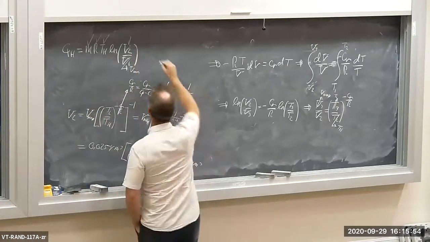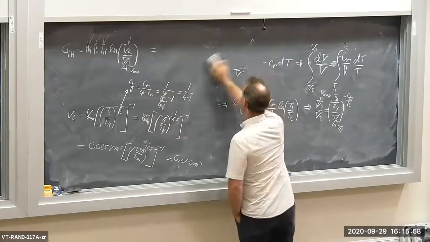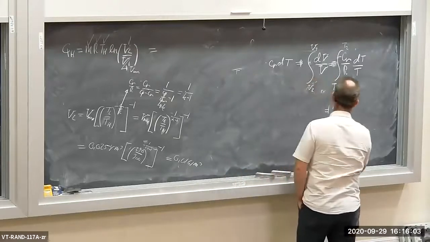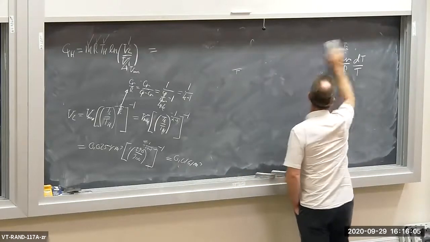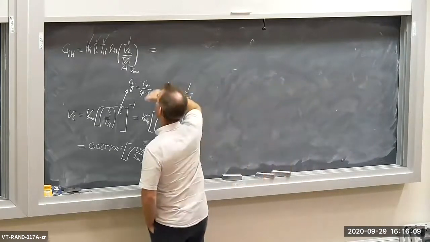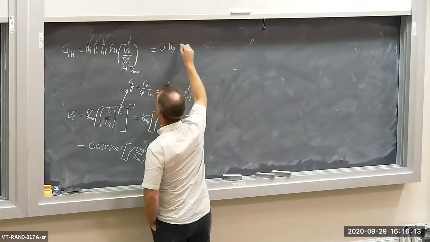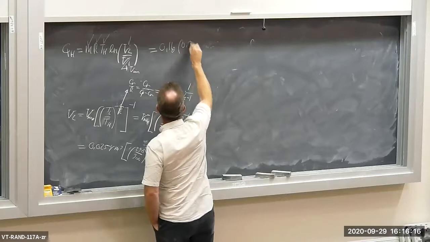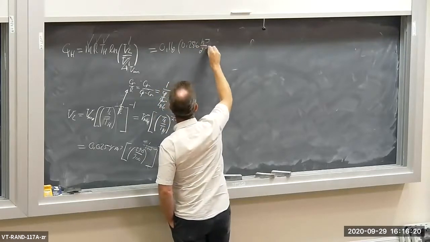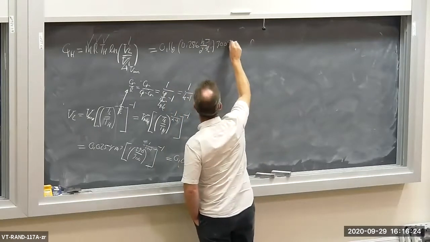So let's go back up here. Let's calculate the heat transfer. The mass, 0.1 kilograms, the gas constant, 0.286 kilojoule per kilogram Kelvin. The temperature T high is 300 Kelvin.